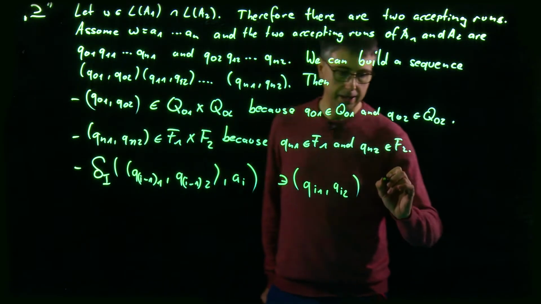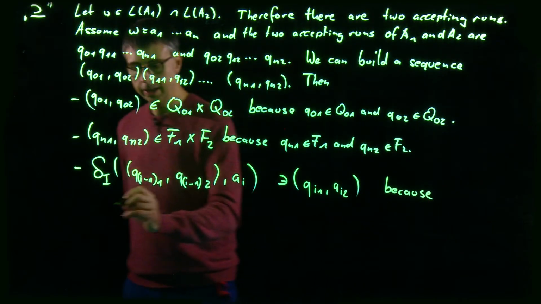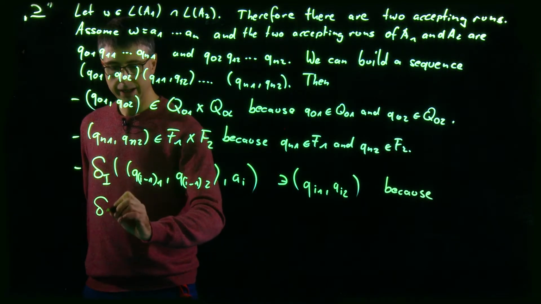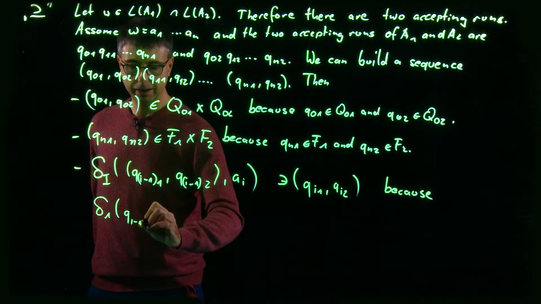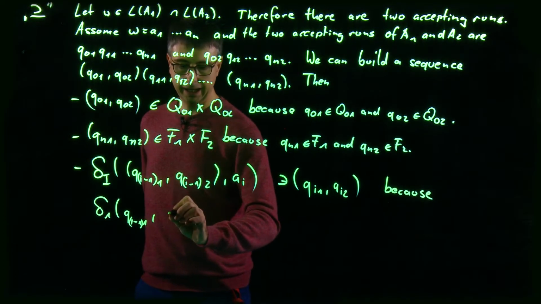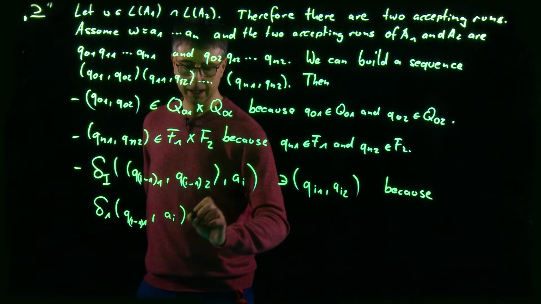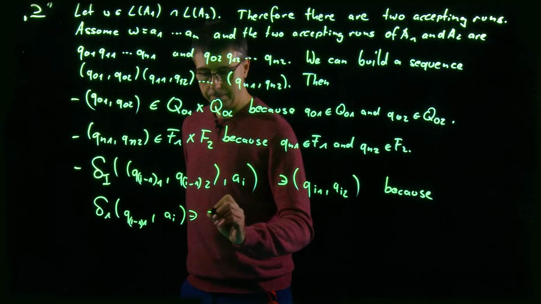The question is why? This is because we know that if we take delta 1 and input the state q_{i-1}^1 and consider the letter a_i, then in this set there needs to be q_i^1.